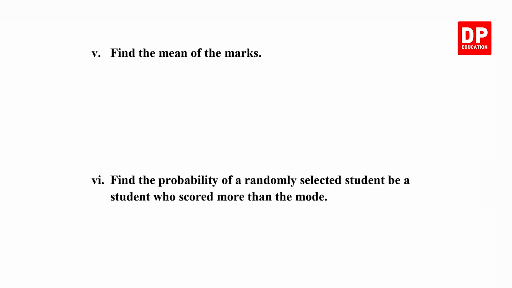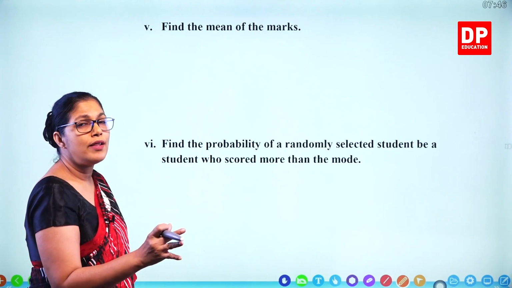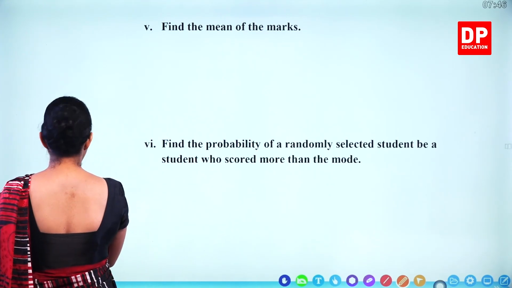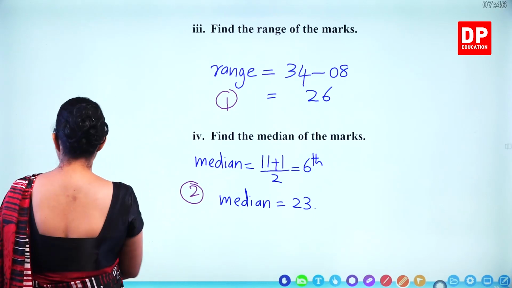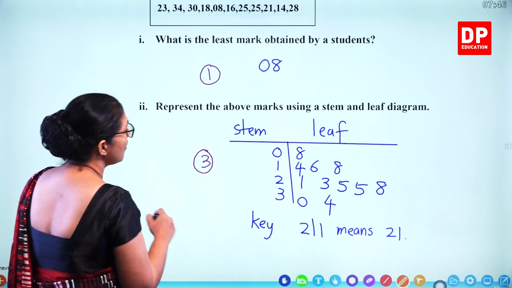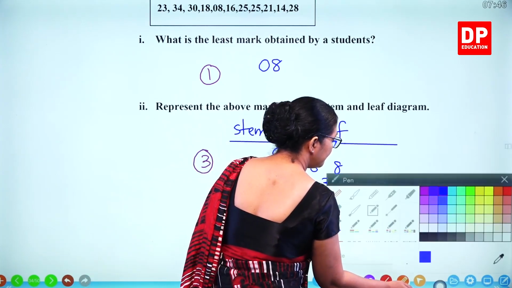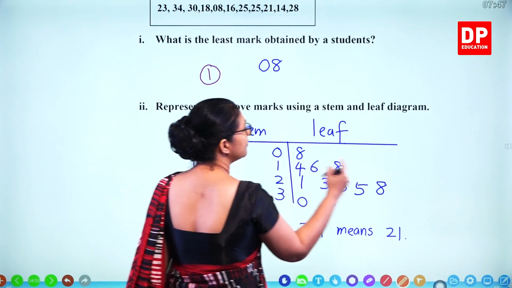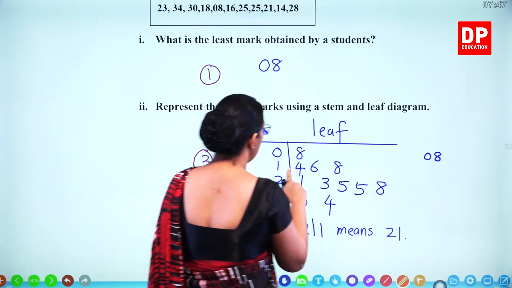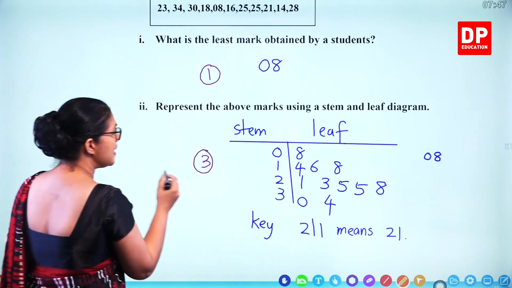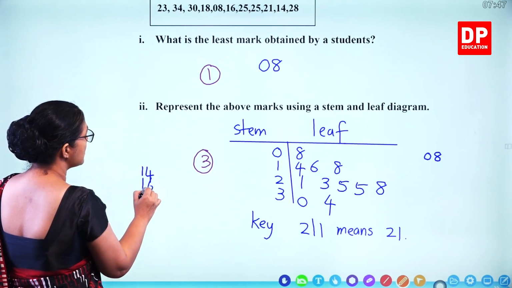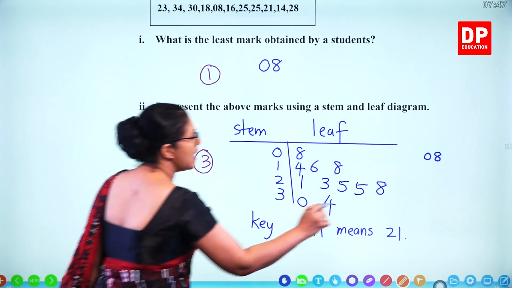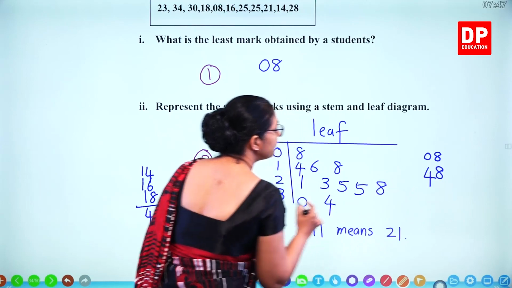Find the mean of the marks. To find out the mean, you have to add all these values and divide by number of terms. That's 11. So let's see. We'll take the total here. This is 8. Add 14, 16 and 18. 48 is the total of the second row.